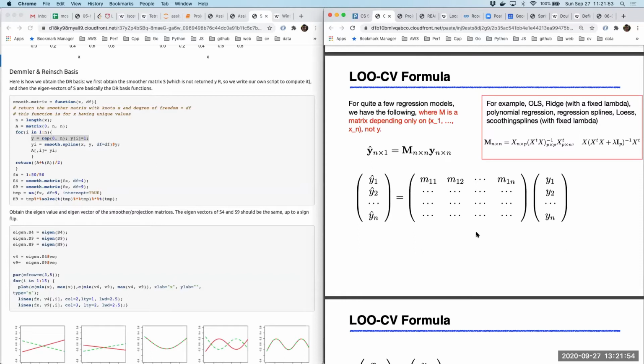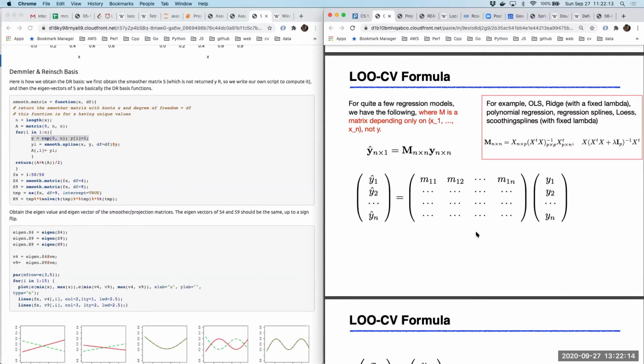I have my data X1 through Xn, and Y1 through Yn. You can think about two columns: X1 through Xn in the first column, and Y1 through Yn in the second column. I send them into my black box, I get an M matrix, and get the prediction.